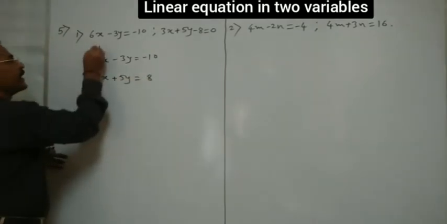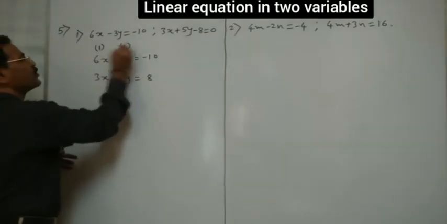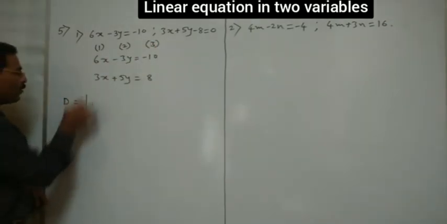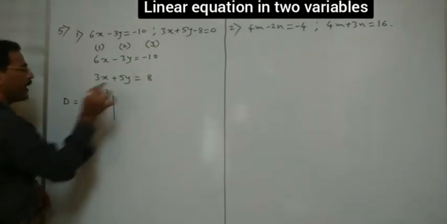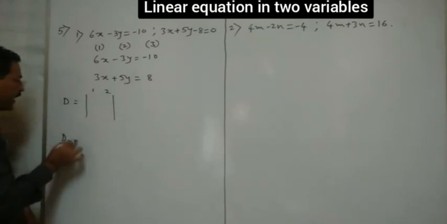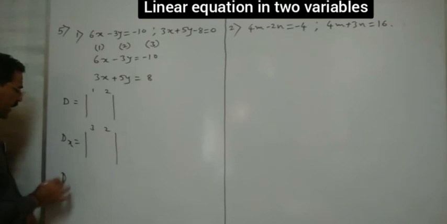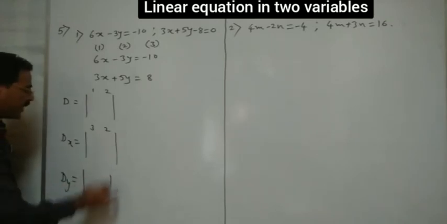Understand? I'll write here: this is column number 1, this is 2, this is 3. To write D, what we need here? 12. To write Dx, 32. And Dy, 13.